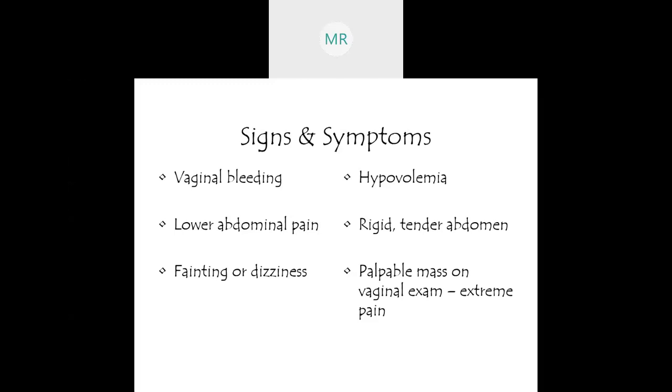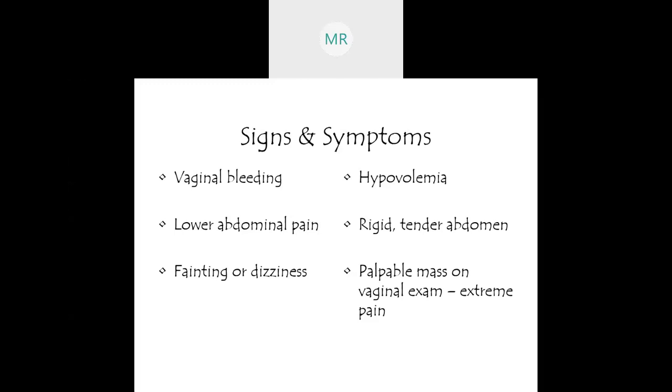And remember that we said the gestational sac is visible at about 5 to 6 weeks via a vaginal ultrasound. So signs and symptoms, there's usually going to be abdominal pain, sometimes as early as 5 to 6 weeks when she first discovers that she's pregnant.